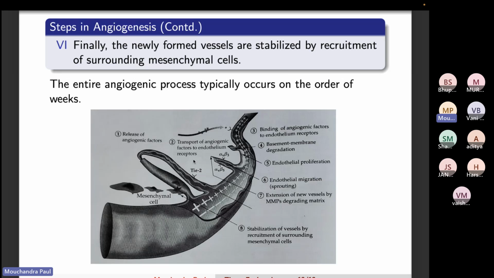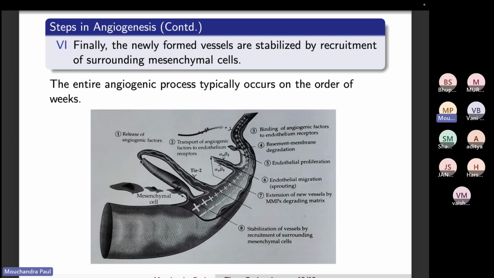It has to extend, right? For the extension, it needs to degrade the surrounding ECM components, and for doing that it releases the enzymes MMPs, or matrix metalloproteases. And as it does so, it grows in length.